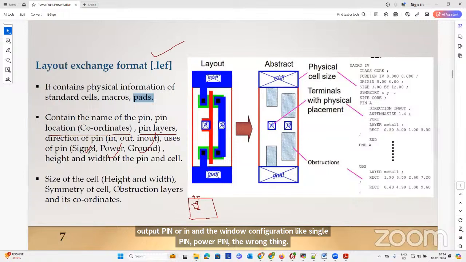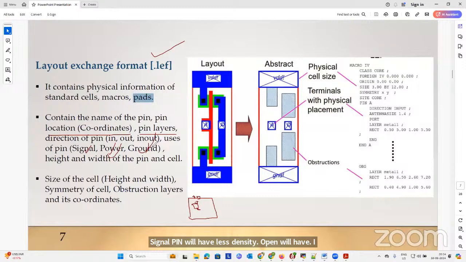Signal pins will have less density, power pins will have high density, ground pins will have high density, and the width and height of the pin and cell. All this information will be in the LEF file. And whatever the size of the standard cell, its height, width, and symmetry will also be in the .lef file.